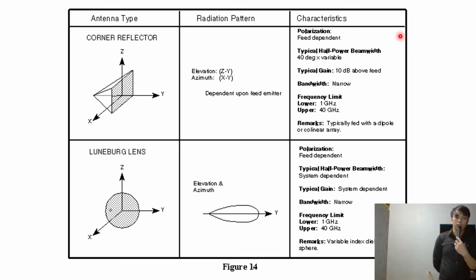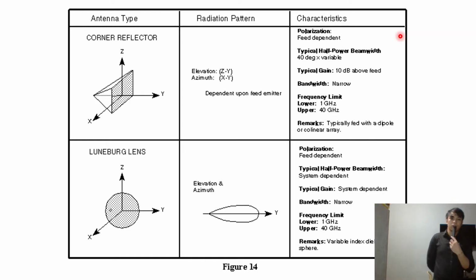The next one is the characteristics of the Lundberg lens. The polarization of Lundberg lens is field dependent, and the typical half power beamwidth is system dependent. The typical gain of Lundberg lens is also system dependent, and the bandwidth is narrow.